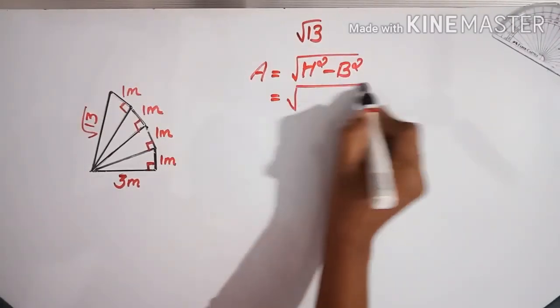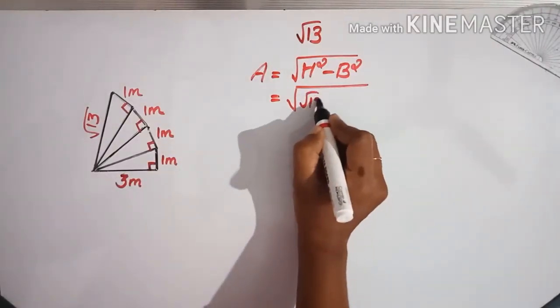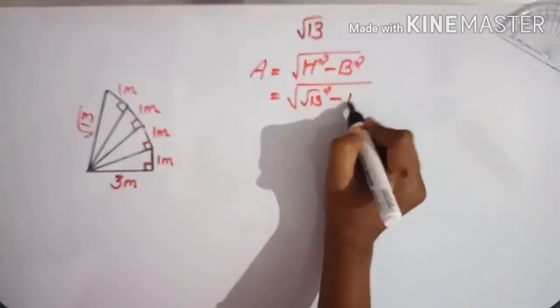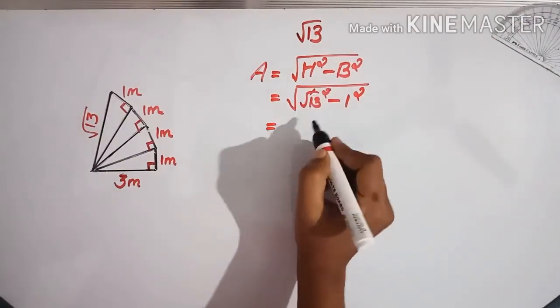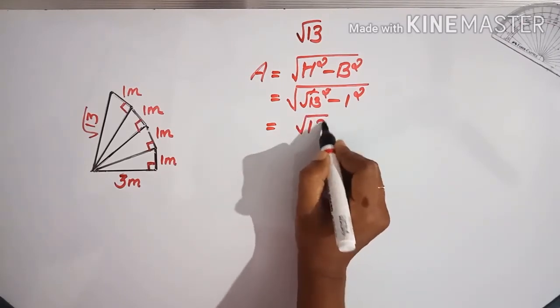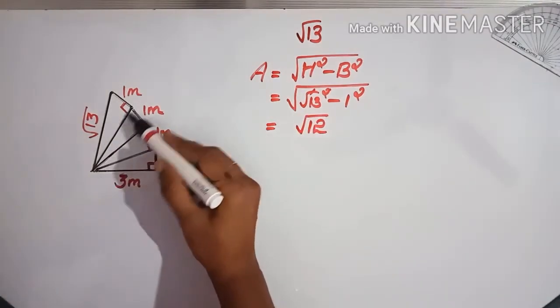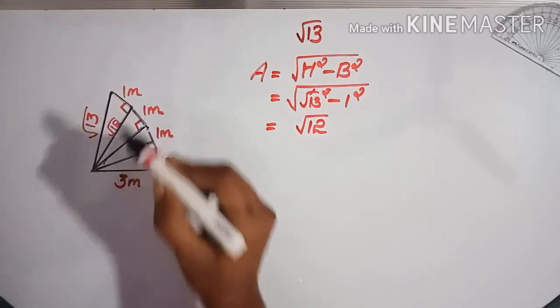Root 13 we consider as hypotenuse. So root 13 square minus 1 square. Root 13 square means it is 13, 13 minus 1 is 12. So root 12 will be the altitude. That means this length will be root 12.